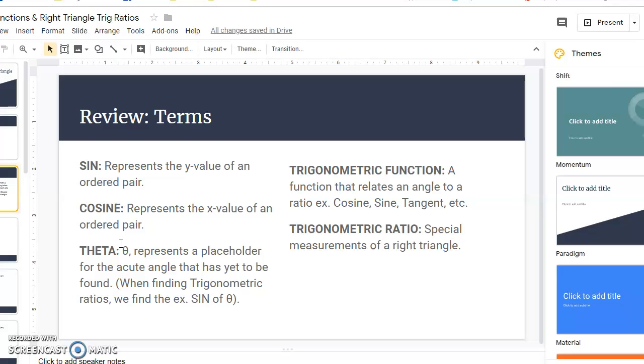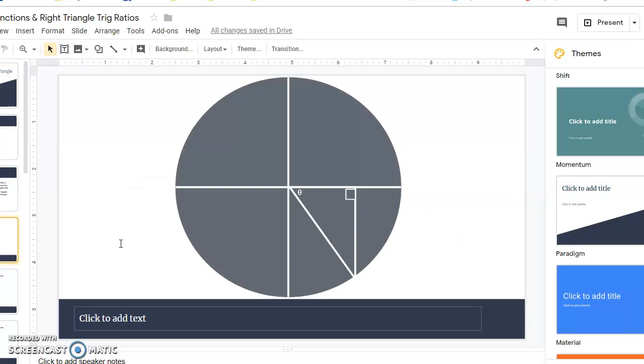A trig function is a function that relates to an angle of a ratio. So we use that ratio to solve for that function, and a trig ratio is what we use to solve for that function. Here's an example of theta in relation to the right triangle.